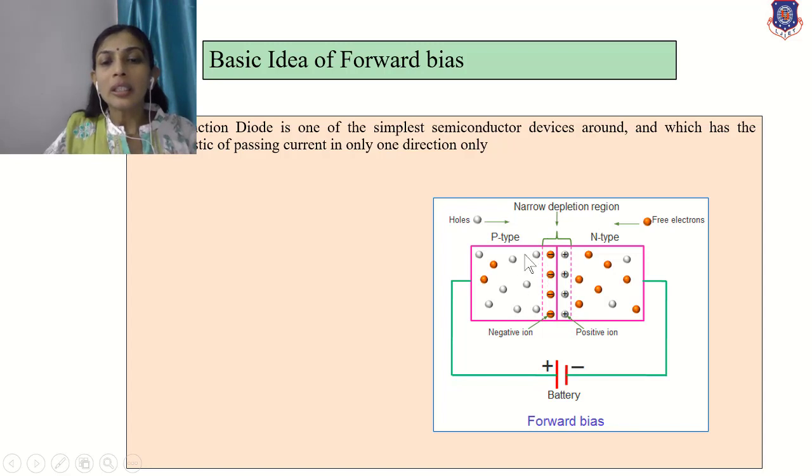So in a PN junction, whenever you connect the battery, there are two types of biasing. One is forward bias and the other is reverse bias.